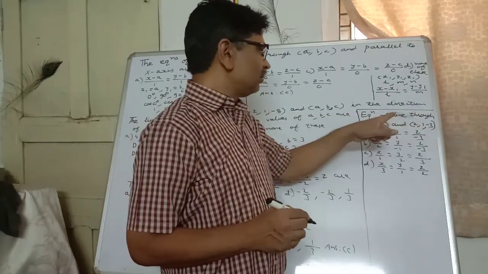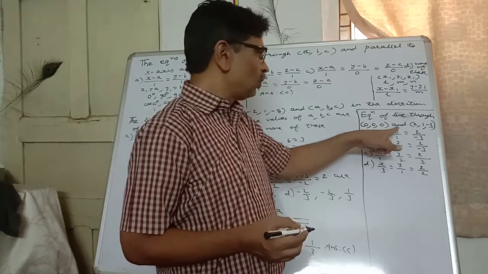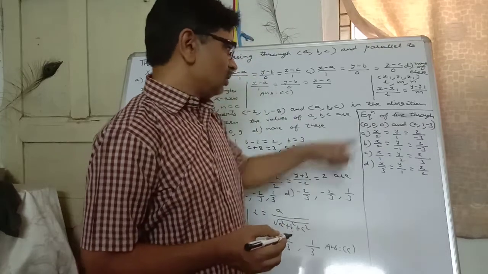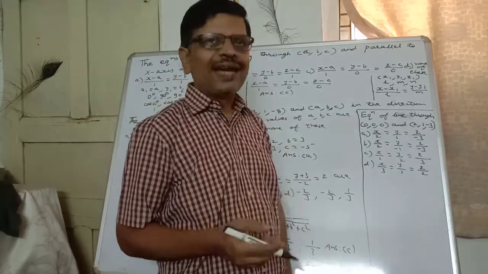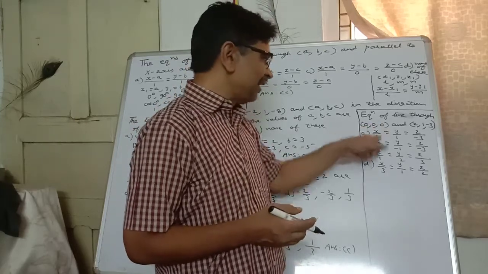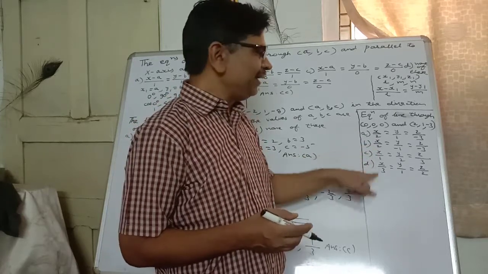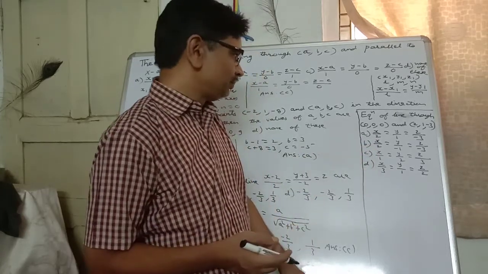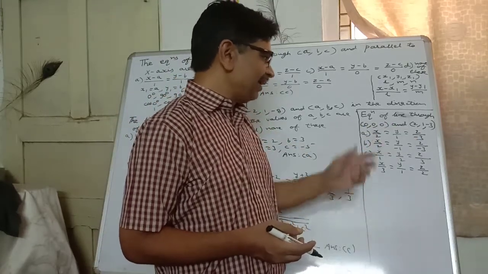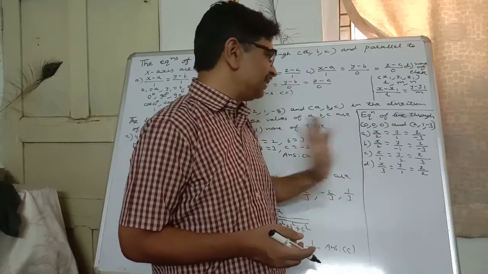Equation of the line passing through the given 2 points (0, 0, 0) and (2, 1, -3). So coordinates of 2 points on a line are given and we have to find the equation of the line in Cartesian form, because every option contains the line in Cartesian form. Now observe the options. In the numerator, x minus 0, y minus 0, z minus 0 is present everywhere.